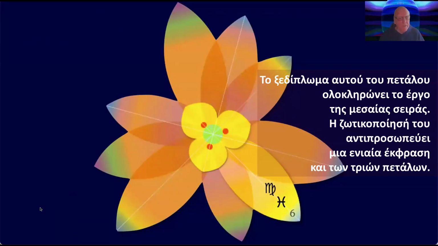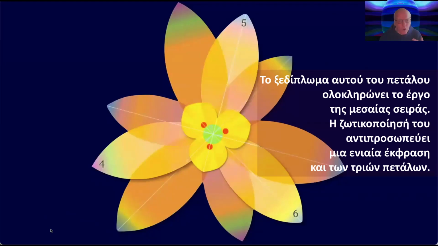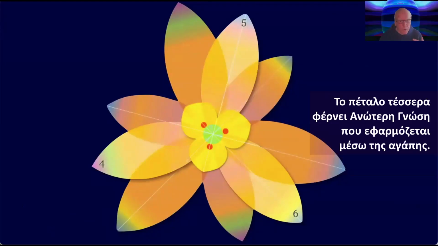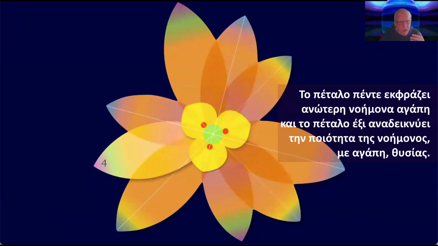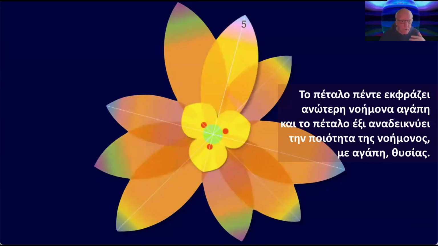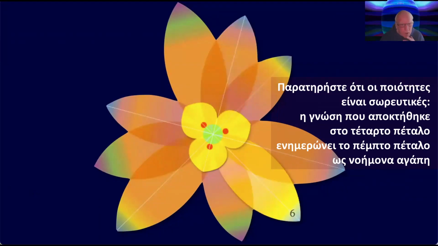Since unfoldment of this petal completes the work of the middle tier, its vivification represents a united expression of all three petals. The fourth petal brings in higher knowledge applied through love. Petal 5 demonstrates its higher intelligent love, and petal 6 brings forth the quality of loving, intelligent sacrifice. Notice that the qualities are cumulative.